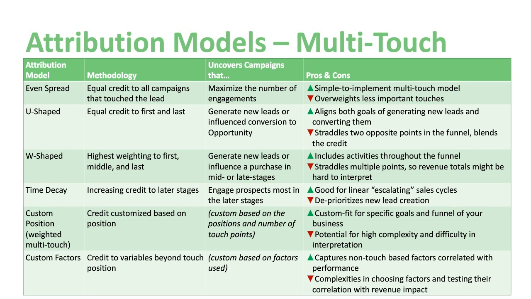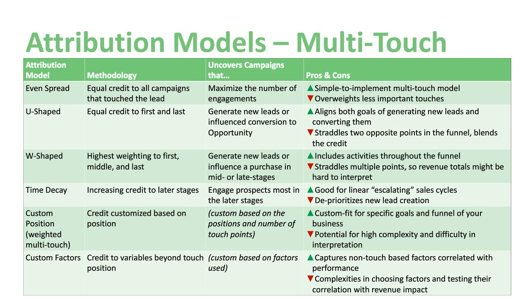There are other complex ones, I won't go through them too much, but there's U-shaped, where you're giving equal credit to the first and the last campaign that touched the lead. W-shaped, which is first, middle, last. Other ones, including time decay, are good for companies with a linear and continually escalating lead life cycle. And then there's custom position, what we call at Full Circle Insights custom weighted multi-touch.